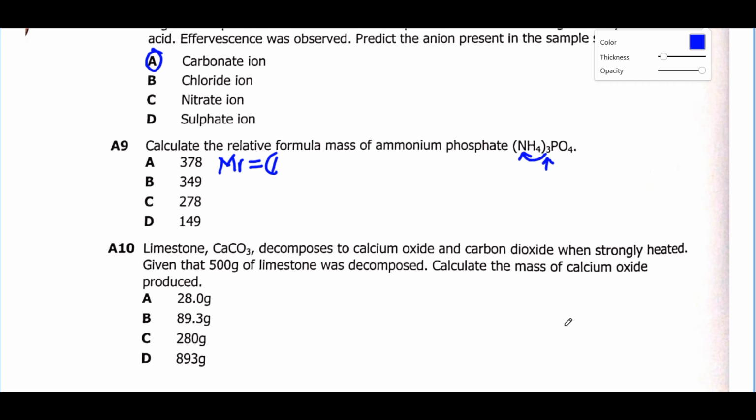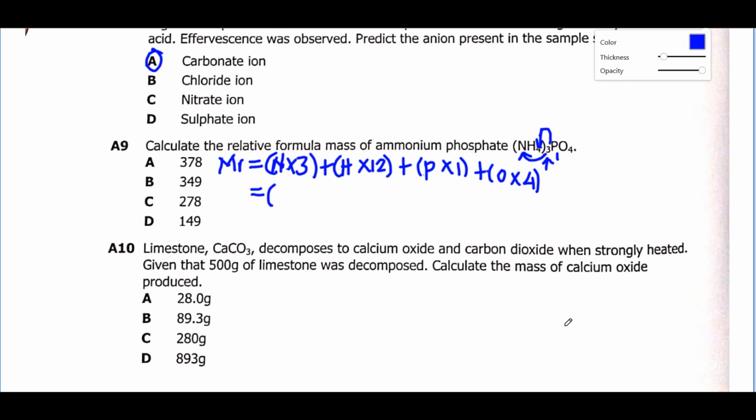This simply means you say N times 3, plus we go to hydrogen, multiplied by, since there is a 4 inside here, you multiply with the subscript. So 4 times 3 must give us 12, plus phosphorus times 1 atom of phosphorus, plus oxygen multiplied by 4.